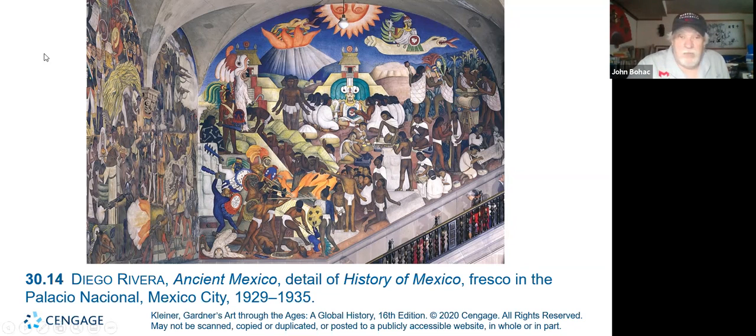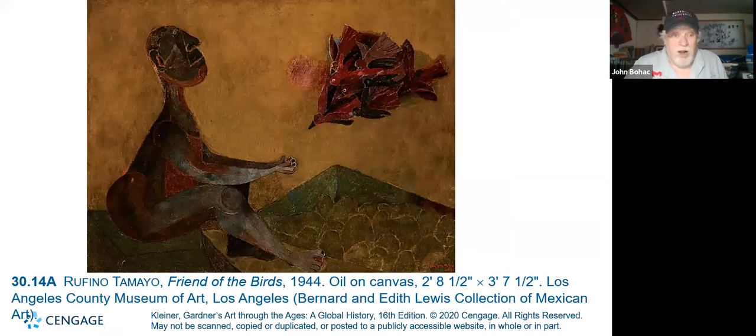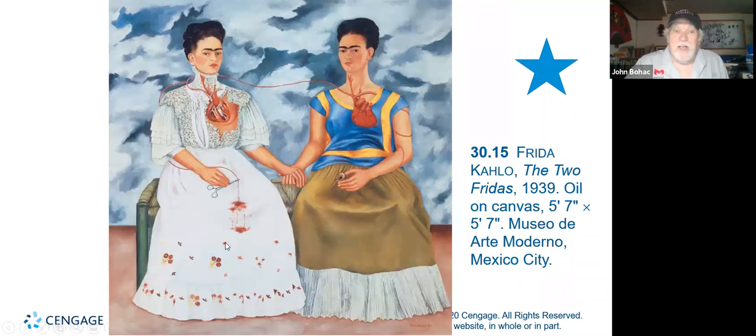In fact, they were so much into communism. There was a guy named Leon Trotsky who was the deputy to Vladimir Lenin, who pretty much engineered the October Revolution and brought in the Soviet state. He was exiled in the 1930s and he stayed with Diego and his wife, Frida Kahlo.